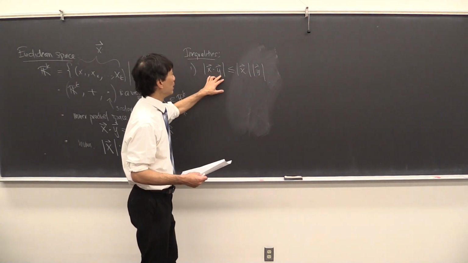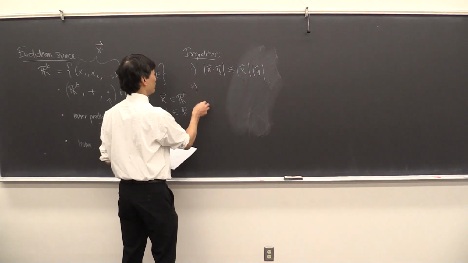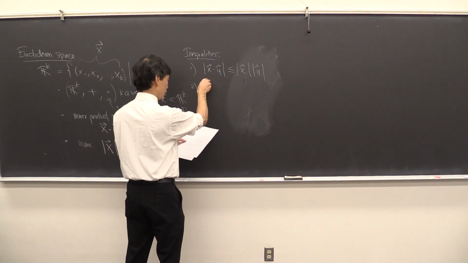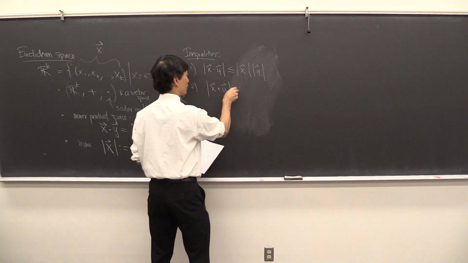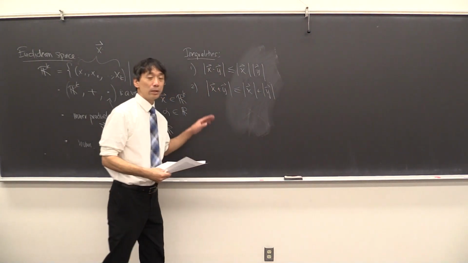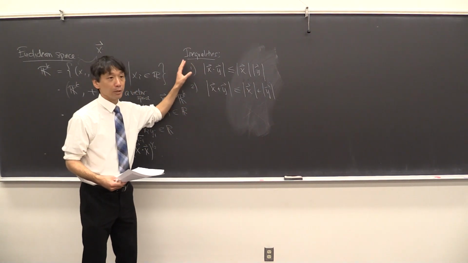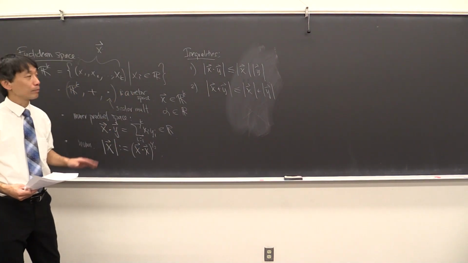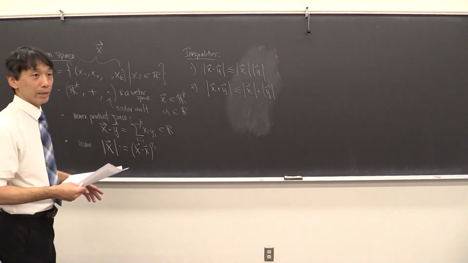So this number is less than or equal to the product of those two numbers. And also importantly, the triangle inequality, that if you take the magnitude of a sum of vectors, it's controlled by the sum of the magnitudes. So we saw these sorts of things in the case of complex numbers, and analogs of them are true if we define things properly in Euclidean space. Okay. So those are the things that you want to get out of that section.